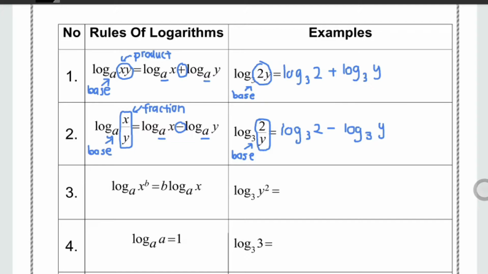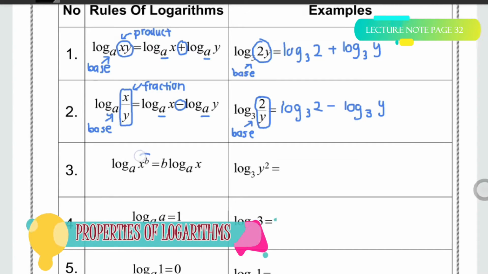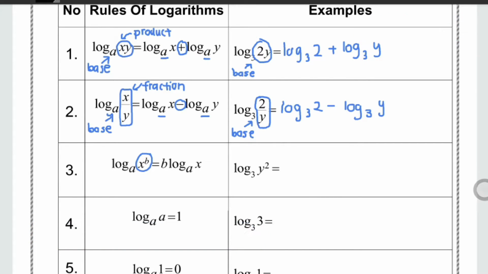Moving to rule number 3, we have log x to the power of b base a. So if we have the argument x to the power b, with b as the power, we can bring b to the front. So it will be b times log x base a.